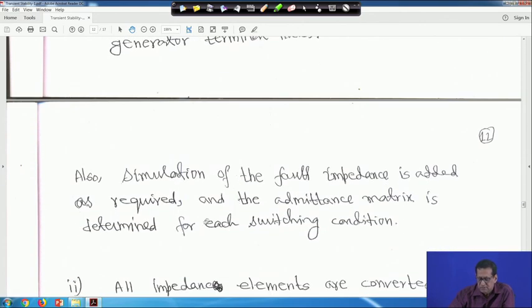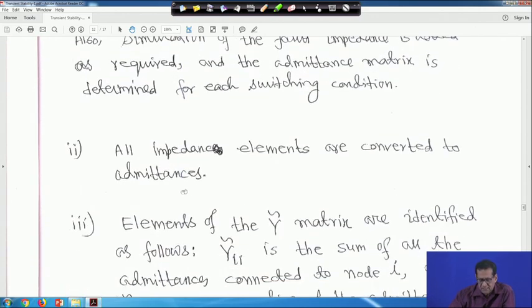Also, the fault impedance is added as required and the admittance matrix is determined for each switching condition, right.